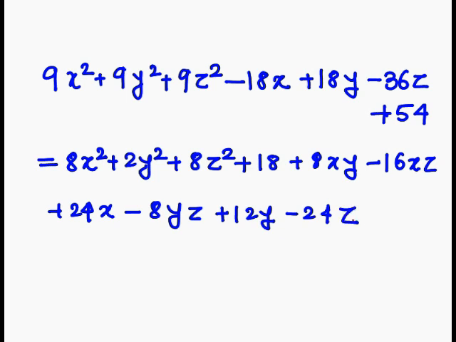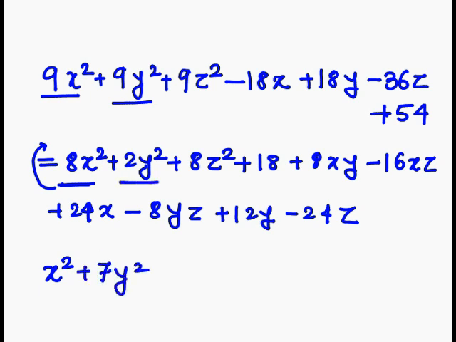Now we collect the similar terms. So if we take these right side terms to this side, the sign gets changed. So let's take one by one. So 9x square minus 8x square, we get x square. 9y square minus 2y square, we get 7y square. 9z square minus 8z square, we get z square.